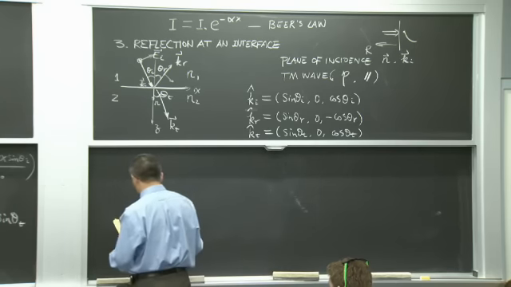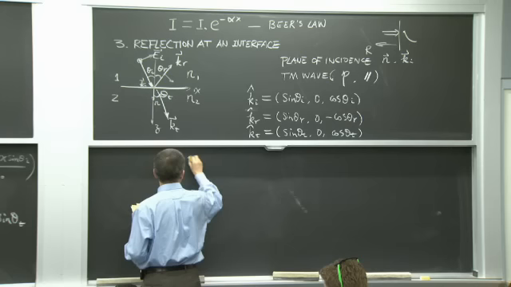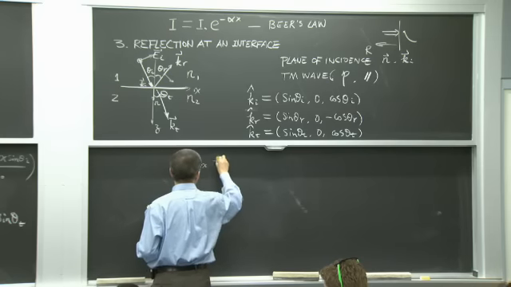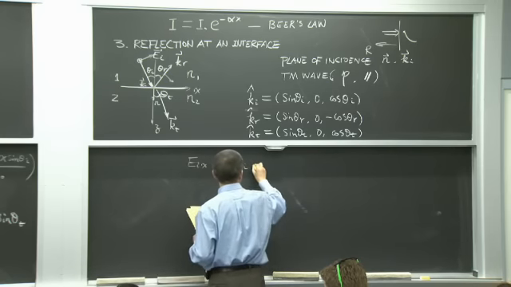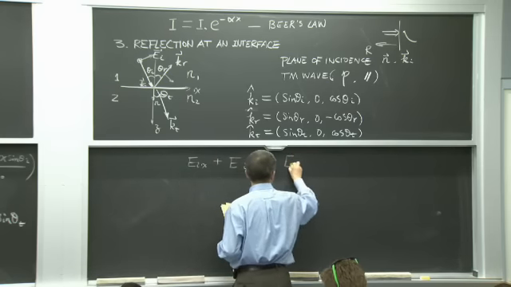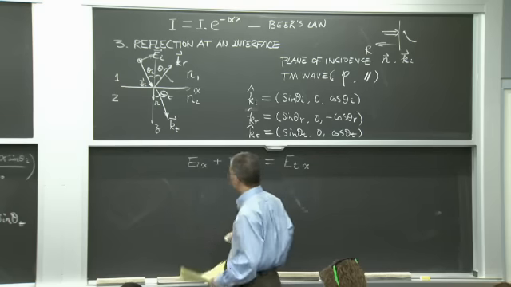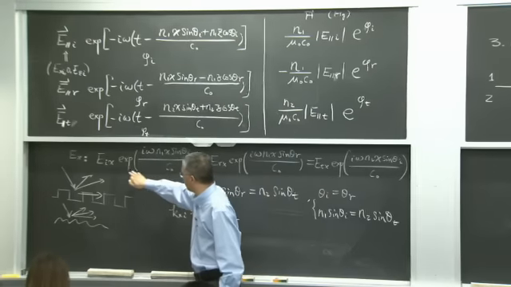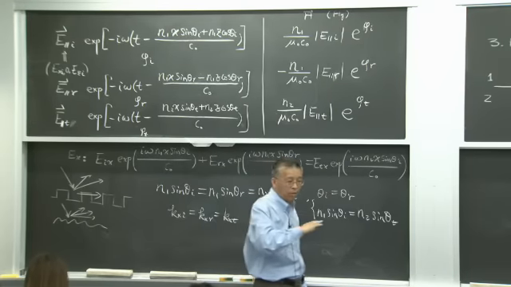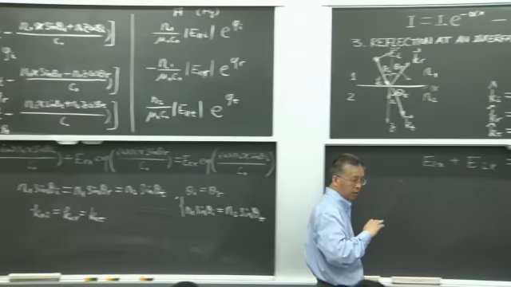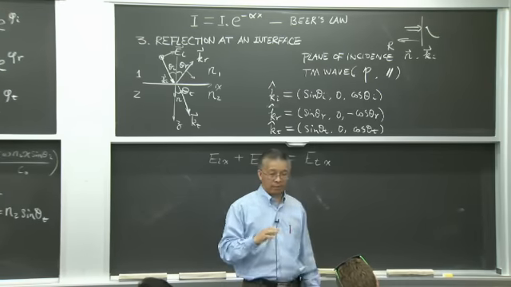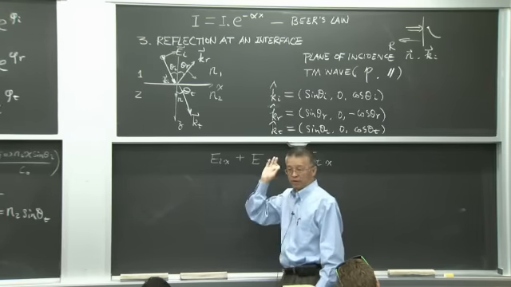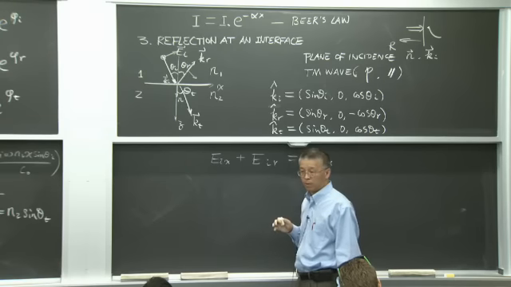And I'm going to simplify to have E_IX plus E_IR equals E_TX. The Snell law gives me that the X component of the electric field is continuous, right? The magnitude now, the phase factor already taken care of by the Snell law.